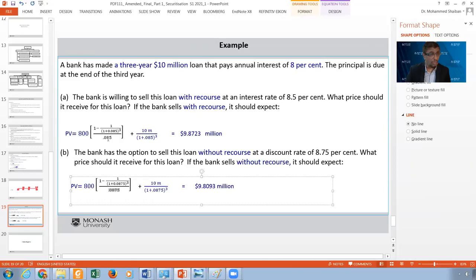So this is 8.5, and this is 8.75%, and you discount the same way and find the price here. They are getting it cheaper this way, because the buyer will be responsible for the credit risk.